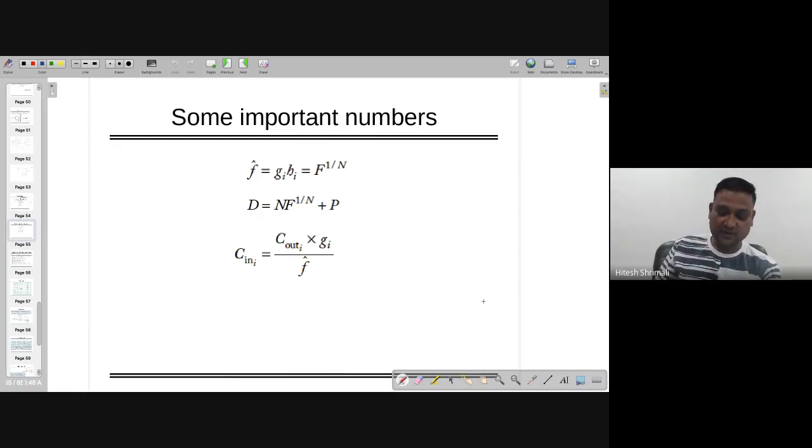Other than that, there is one more thing. Sometimes you have more stages, so the number of stages has to be taken into account, which says that F equal to GI HI is equal to F raised to 1 by n, where n is the number of stages.